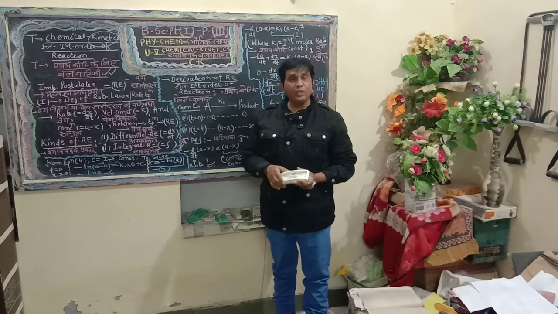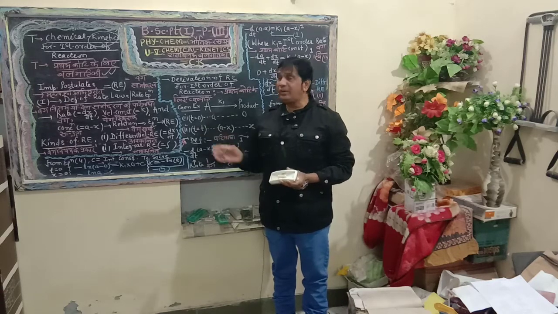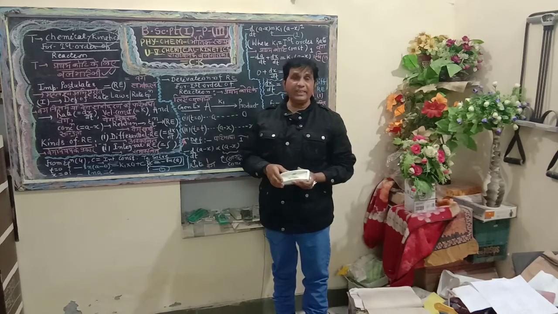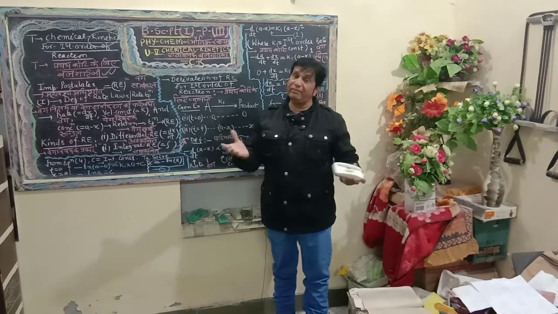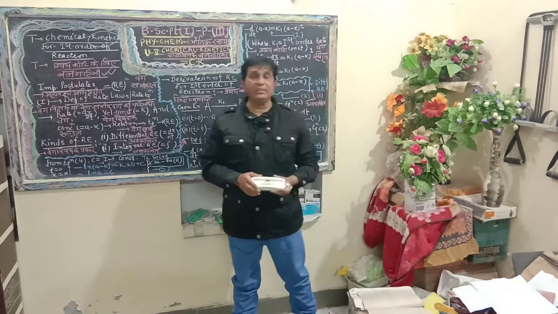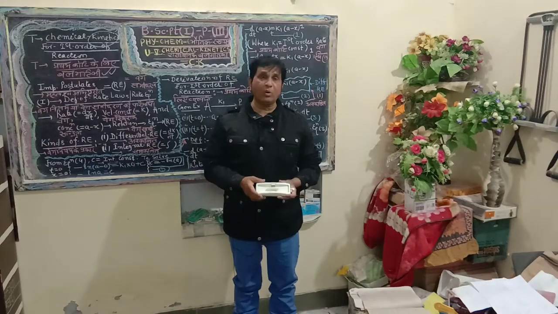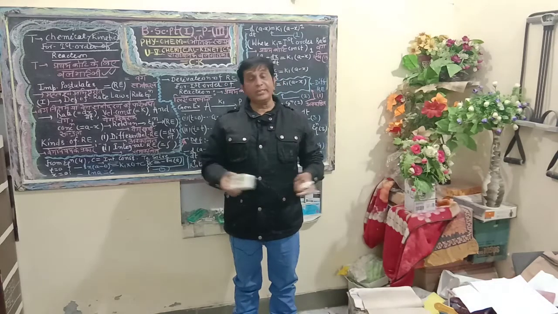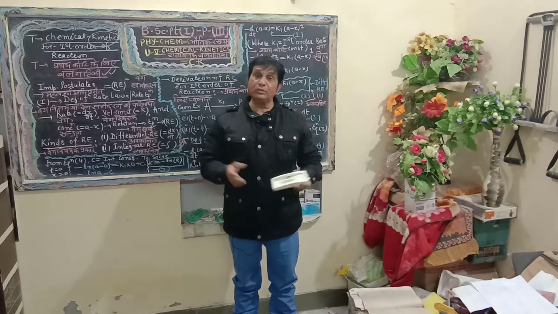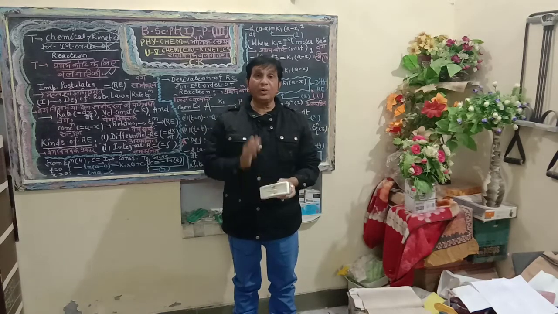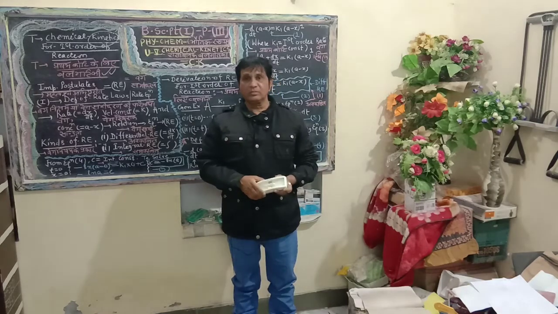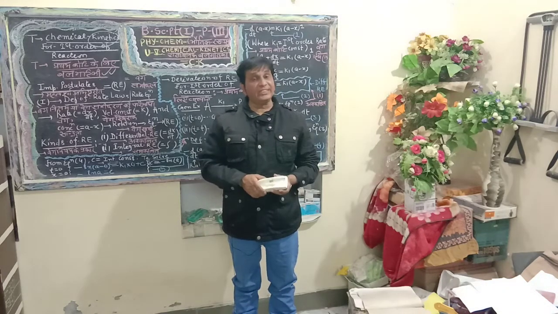This slow step is defined as the rate determining step, the velocity determining step. Then we have to count how many reacting species molecules are present in the velocity determining step, and that total number gives and defines the order of reaction.